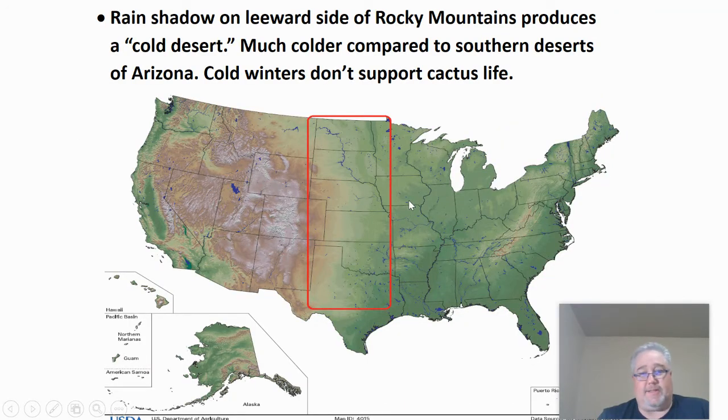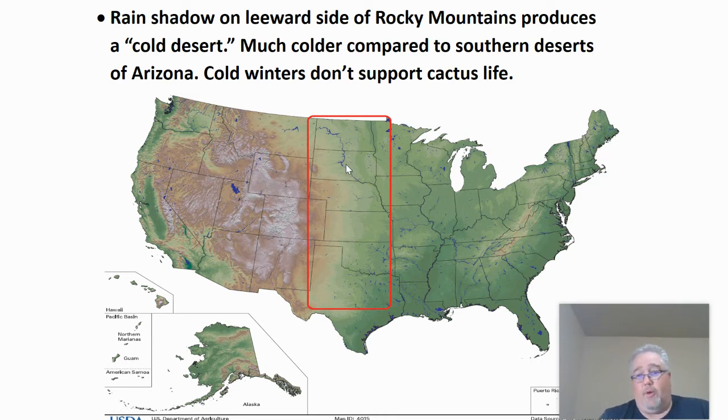This is an interesting picture, I think, because it tells us why this area is unique. You'll notice, in these states here, Kansas, Nebraska, Oklahoma, Texas, and your Dakotas up in here as well, these are all states that are just east of the Rocky Mountains. So you have your Rocky Mountains here, and then you have these states that are right to the east of it.